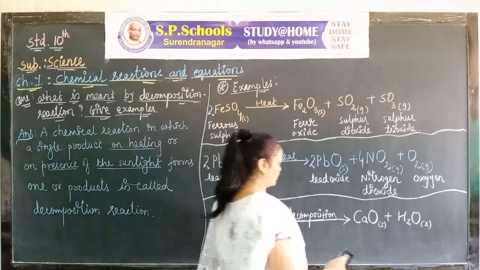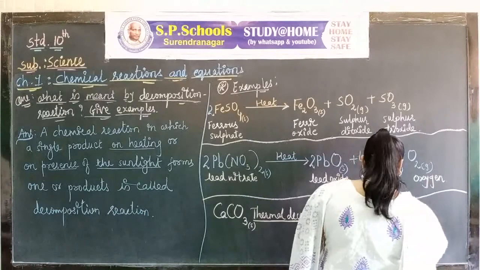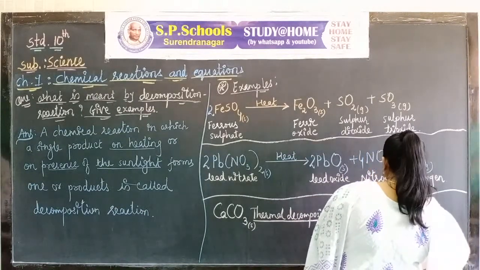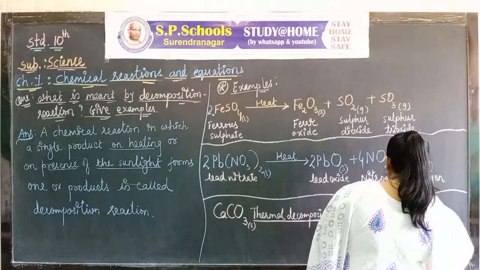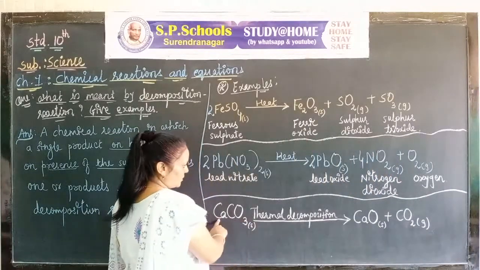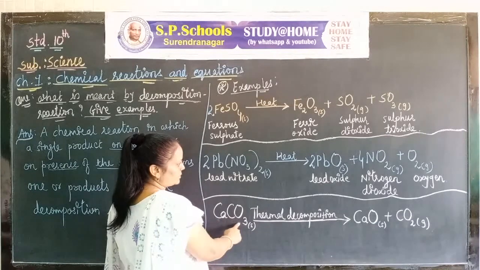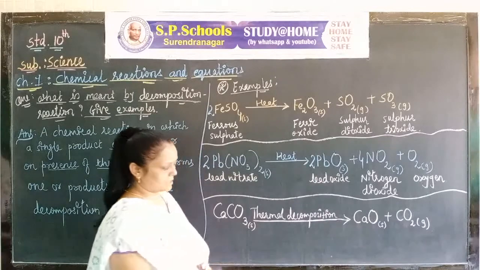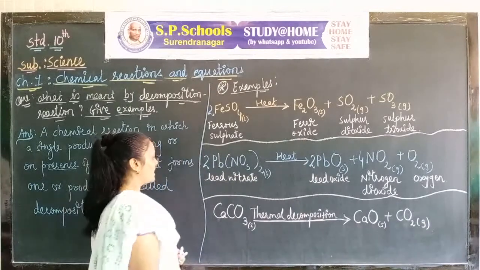Here we get carbon dioxide, which is in gas form. Here we have 1 calcium, 1 carbon, 3 oxygen on both sides. This is balanced.